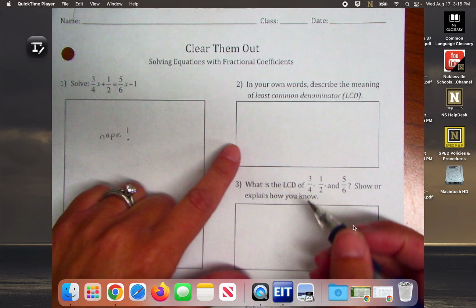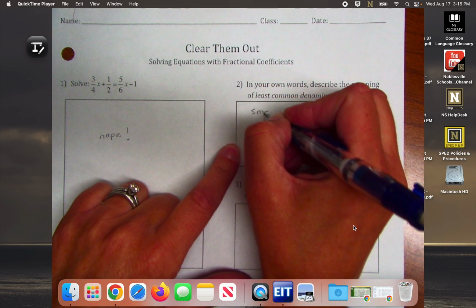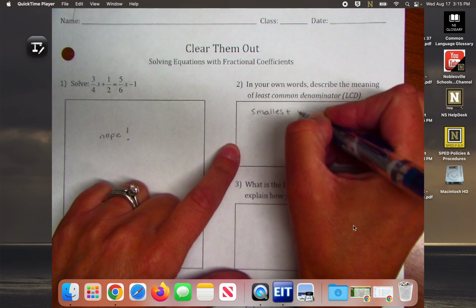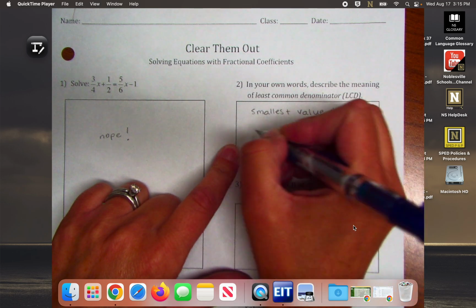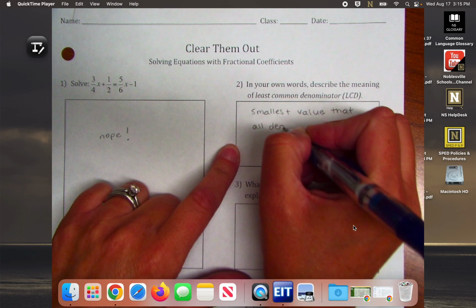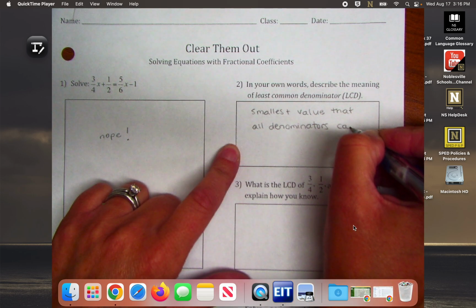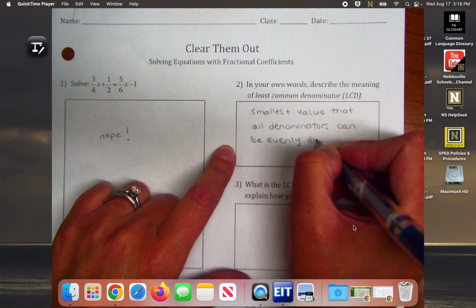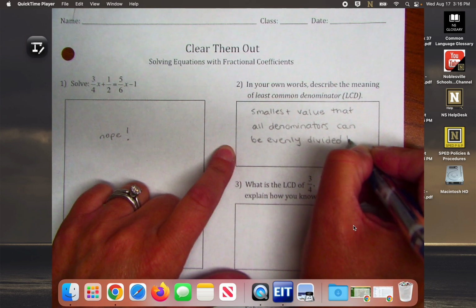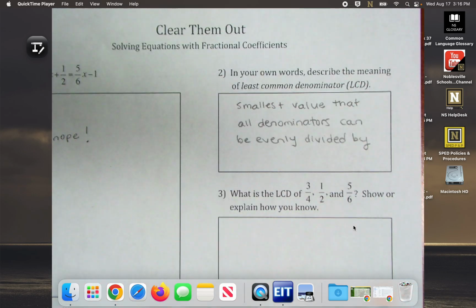So it is the smallest value that all denominators can be evenly divided by.